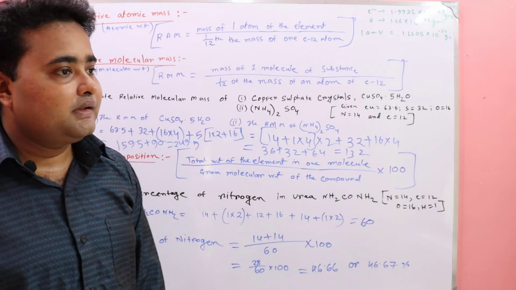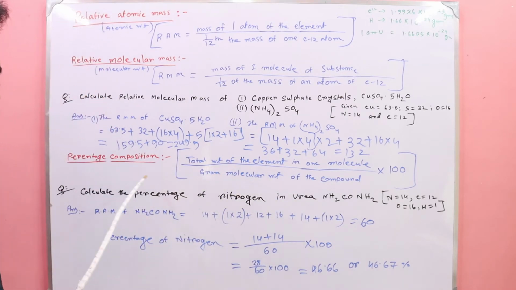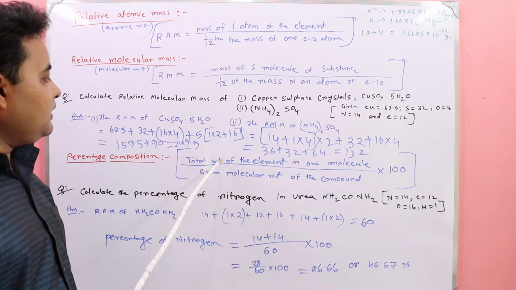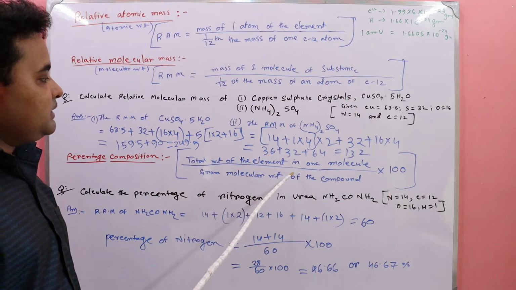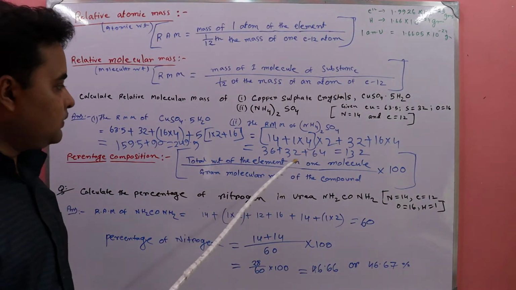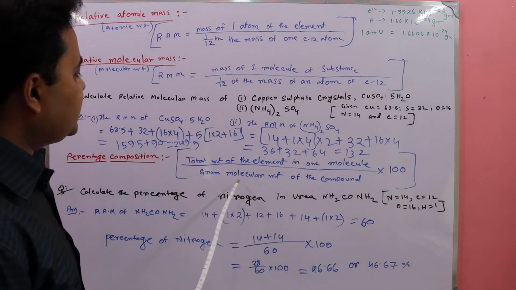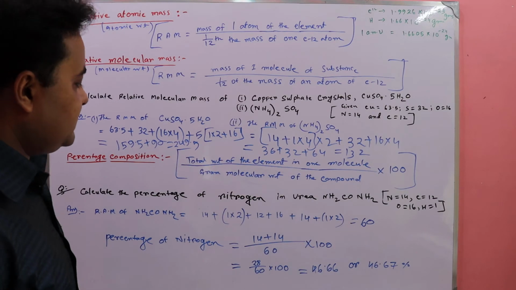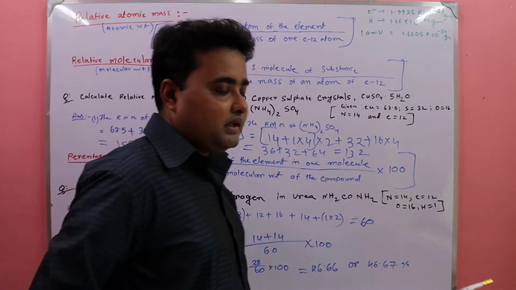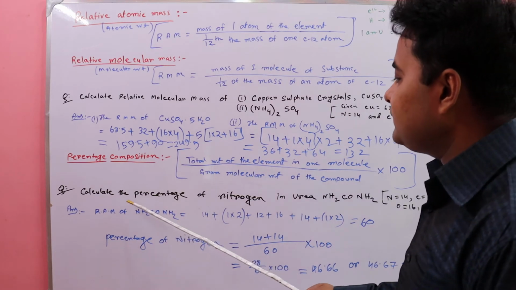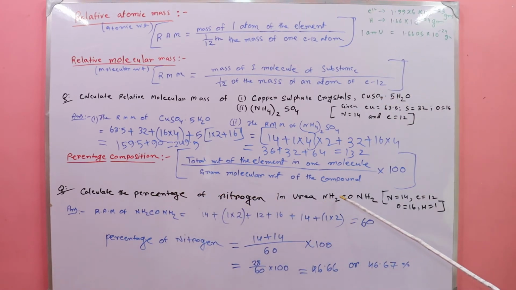That's why percentage composition is very important, which means the total weight of the element in one molecule, divided by the gram molecular weight of the compound, into 100. We can take an example like this. Suppose you are given: calculate the percentage of nitrogen in urea.